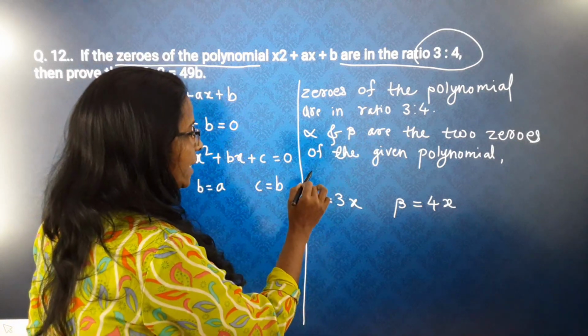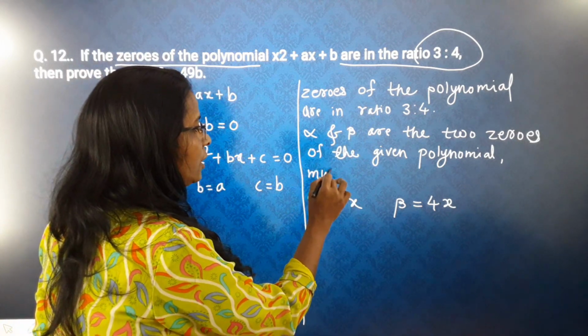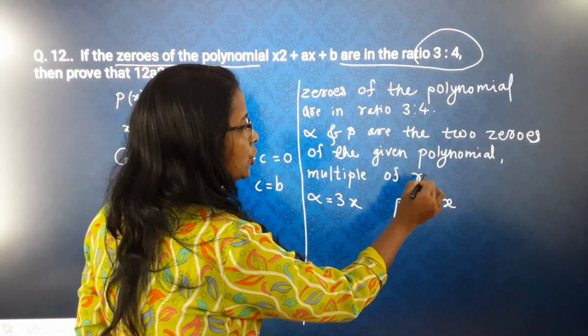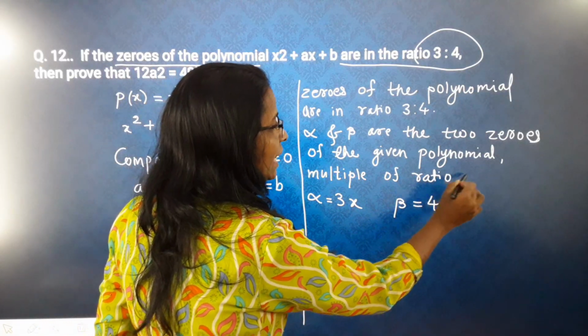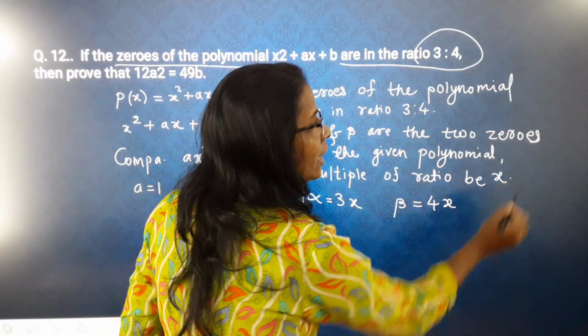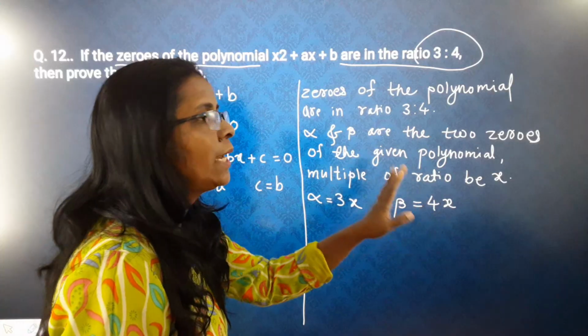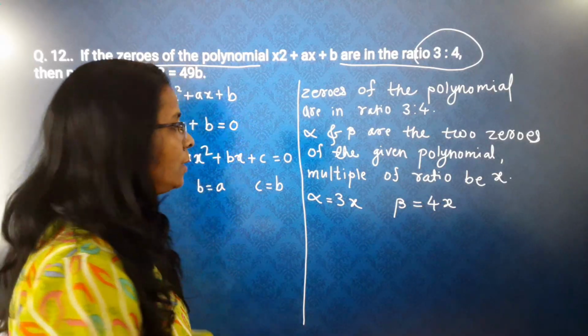So here we can say that x is the multiple of the ratio, so that means alpha is equal to 3x and beta is equal to 4x.